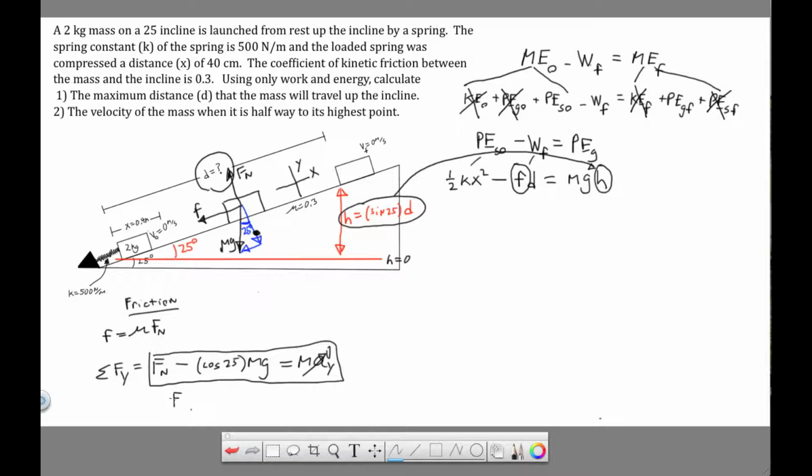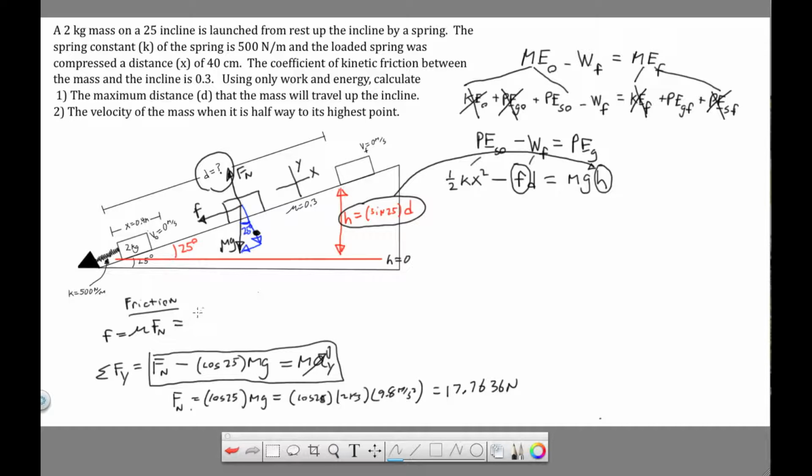So now we can solve for normal force. The normal force is cosine 25 mg, which is going to be cosine 25 times 2 kilograms times 9.8, which gives us a normal force equal to 17.7636. All right, so now we take the normal force, plug it in up here.